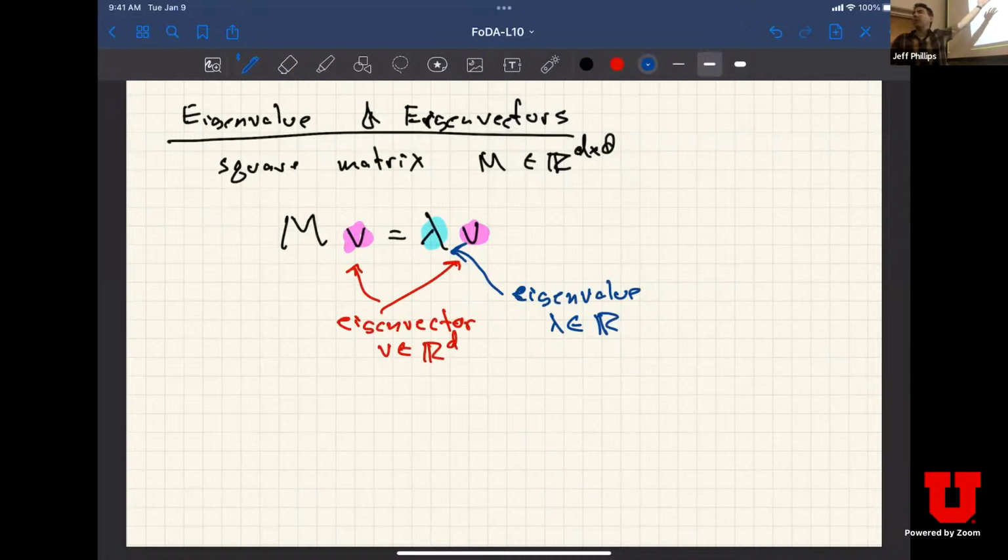So it has to be a square matrix for this to make sense. And what's special is that it's pointed in the same direction here. Most times when you multiply a vector by a matrix, it's changing the vector in some strange way. It's stretching it and rotating it and doing stuff. This is a special case when I get back the same vector scaled by some amount.